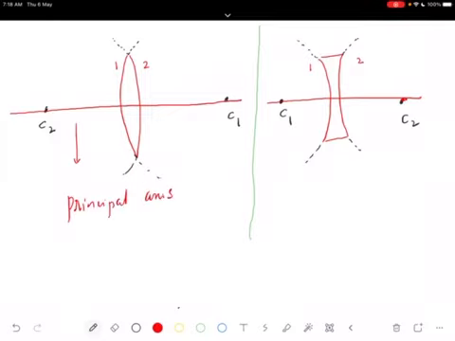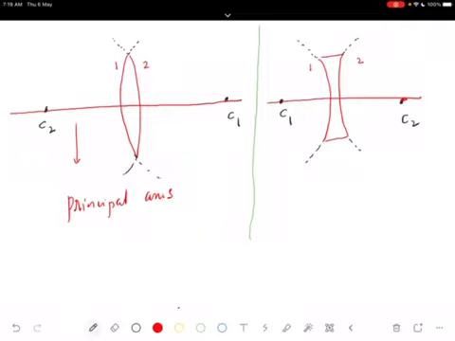I think this point is clear to all of you. It's an imaginary straight line passing through the two centers of curvature of a lens, called the principal axis. Very important point. So you can recognize it from this diagram.